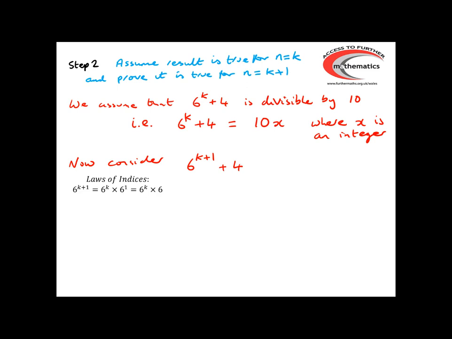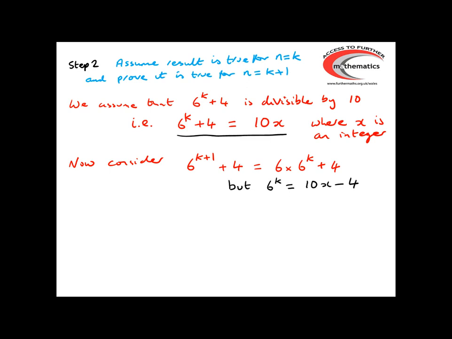Well, if we think about laws of indices again, 6 to the k plus 1 is the same thing as 6 to the k times 6 to the 1. So that's the same thing as 6 to the k times 6. Or equally well, it's the same thing as 6 times 6 to the k. Now, if we look at the expression that we had a moment or two ago, we were assuming that we knew that 6 to the k plus 4 was divisible by 10.